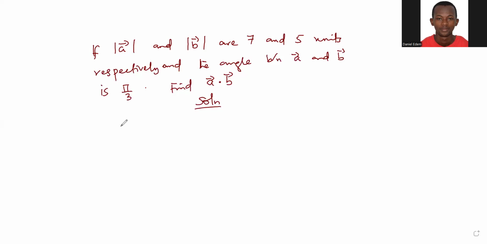So the dot product of vector A and vector B, knowing fully that an angle is given, is the magnitude of A times the magnitude of B, cos theta. The magnitude of A is given to be 7, times the magnitude of B, which is given to be 5.